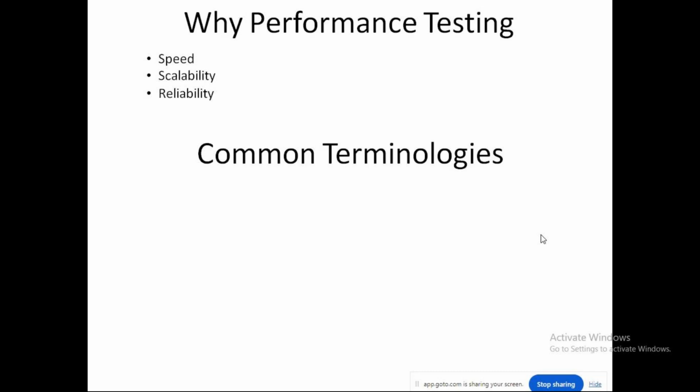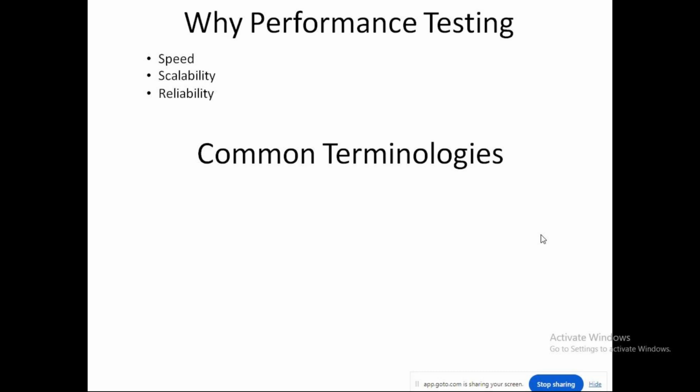So taking these three parameters into consideration, we want to verify the speed of the application. The application should have good speed, it should be fast to respond, so the performance is good. Along with that, it should be able to scale up to provide good performance with an increased number of users also.